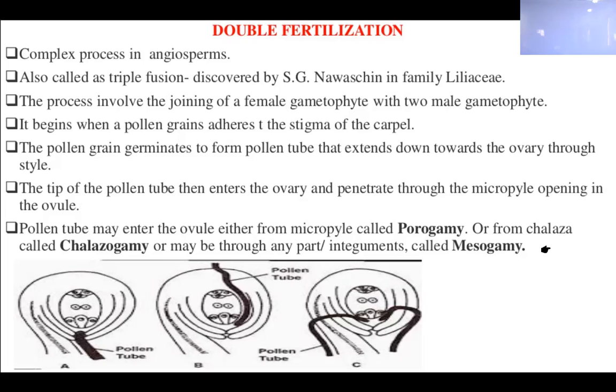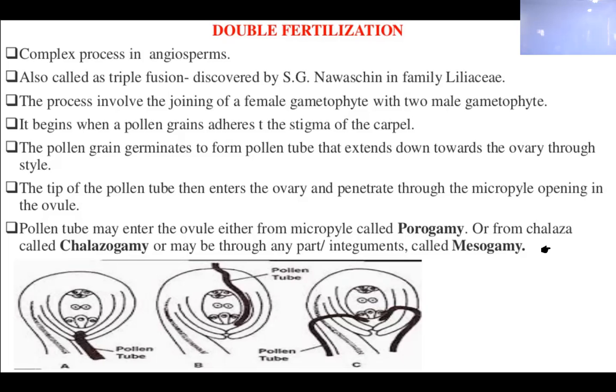There is fusion of male gamete and female gamete, N plus N to form zygote which is diploid in nature. After that, when the second male gamete fuses with the secondary nucleus, it will produce primary endosperm nucleus, that is PEN. So this will provide nutrition, endosperm is nothing but nutrition, to the zygote for further development.